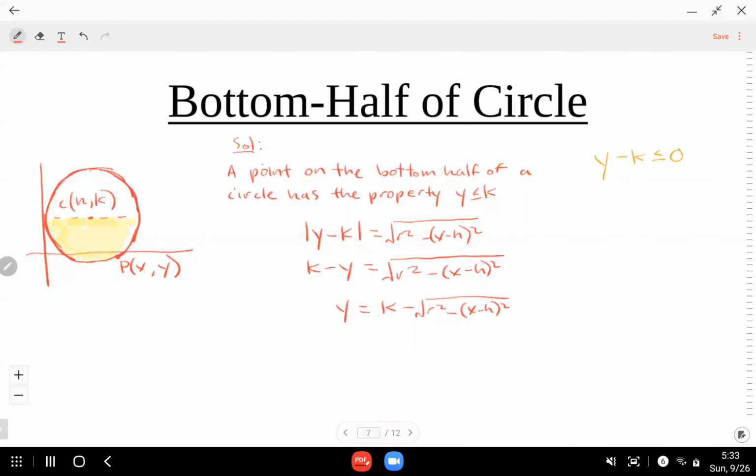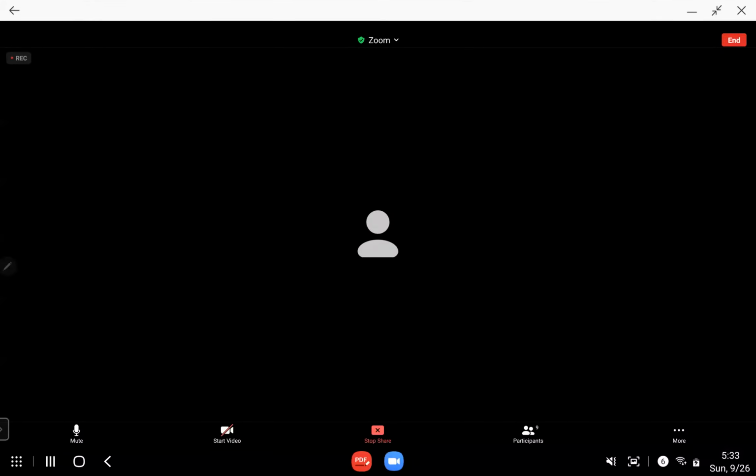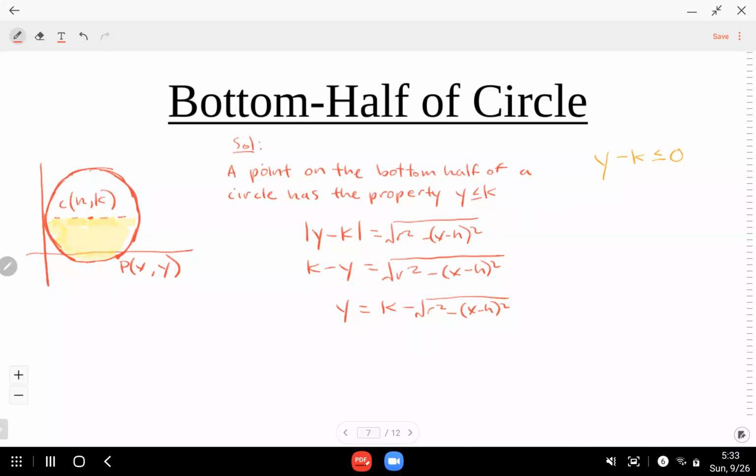So with this information, you can derive the left and right halves of a circle by yourself. Are there any questions on this? If there are no questions, then I will continue.